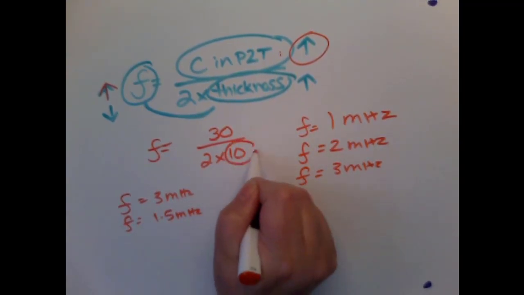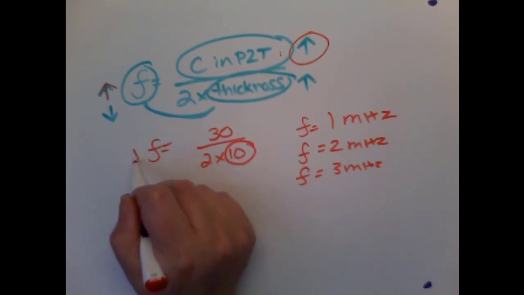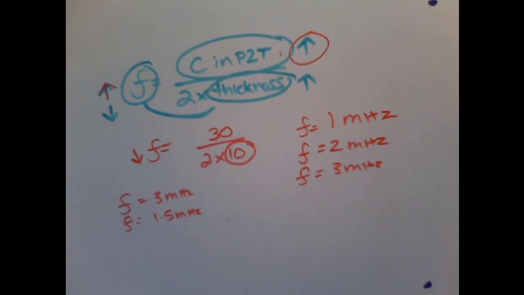So again, as this increased, our frequency started to decrease. So that formula just shows us what the relationships are and how to understand when one item increases, frequency also increases. When thickness increases, frequency decreases. It just helps us to understand those relationships.